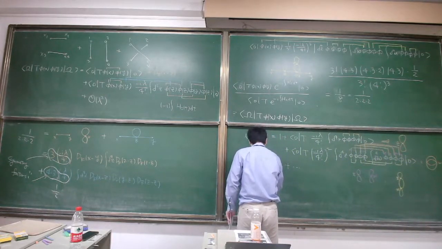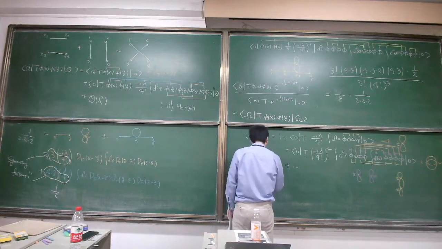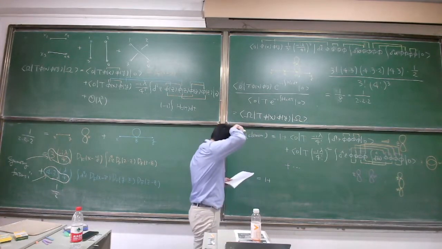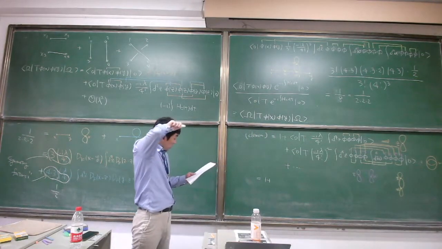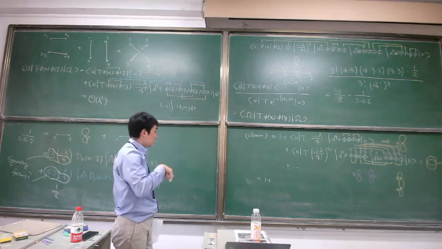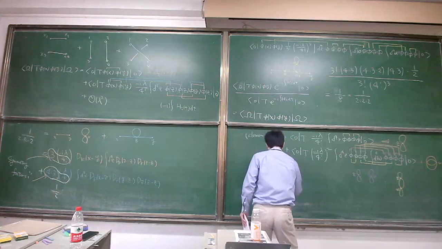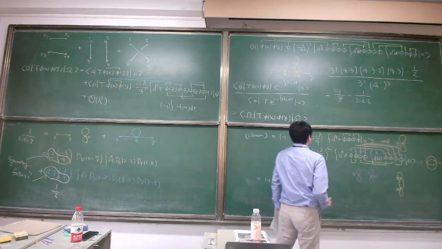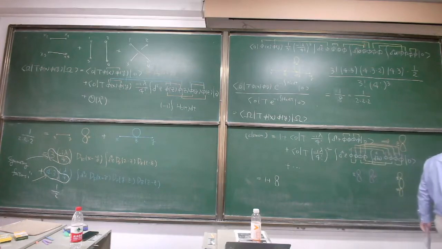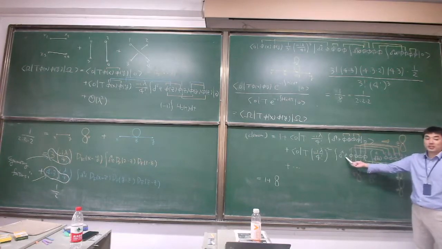So we know that this way we start with the 1 plus symmetry factor, this guy. But here we can swap the role of Z and W, right?